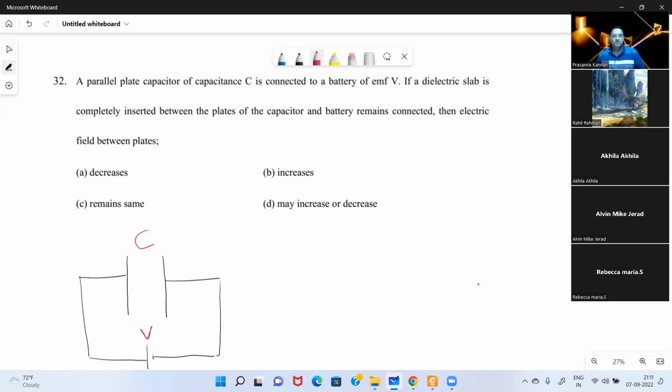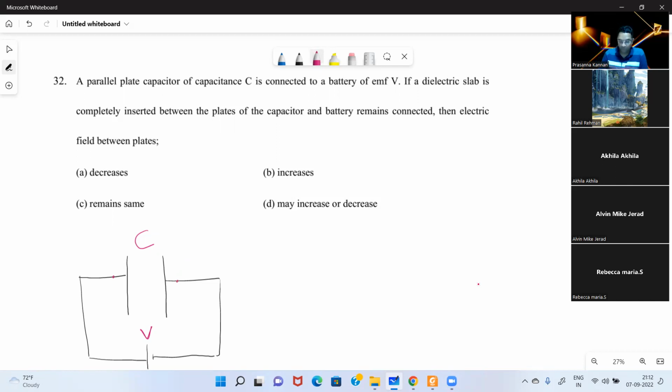So what is the purpose of a battery? What will it be ensuring? Voltage, sir. Yes, it will ensure that the voltage across the two terminals of the capacitor is going to be V itself. So it will maintain that potential difference. Very good.